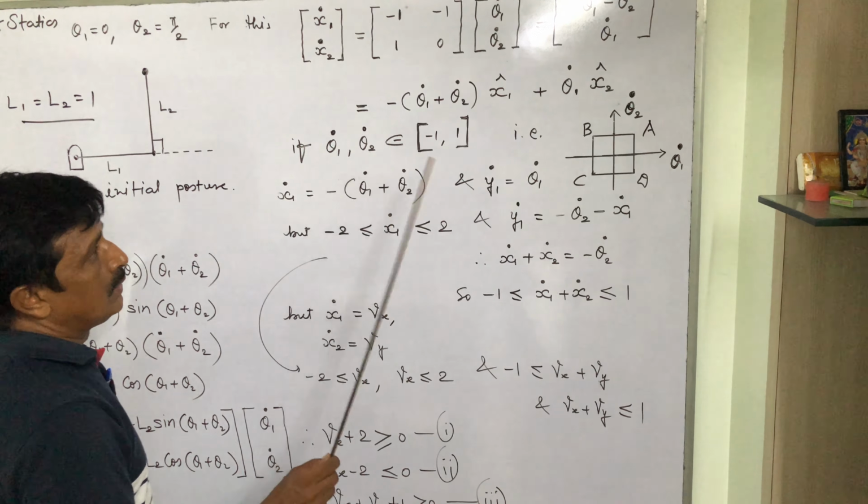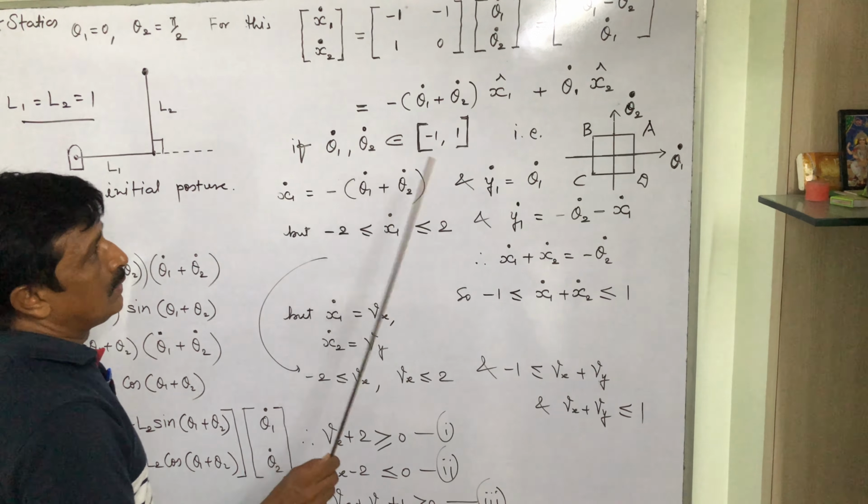So theta 1 dot plus theta 2 dot belongs to minus 2 to 2, because minus 1 is less than or equal to theta 1 dot less than or equal to 1, and theta 2 also minus 1 less than or equal to theta 2 dot less than or equal to 1. If we add these two terms, we get minus 2 less than or equal to x1 dot less than or equal to 2. So the range of x1 dot is between minus 2 and 2.